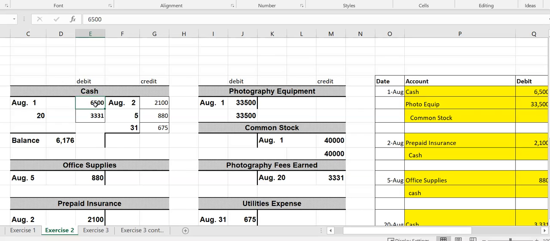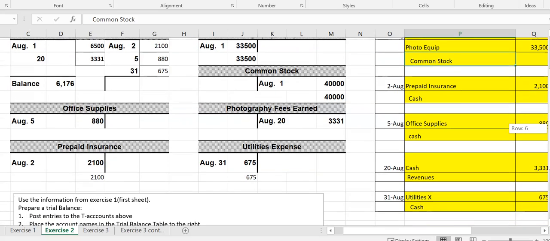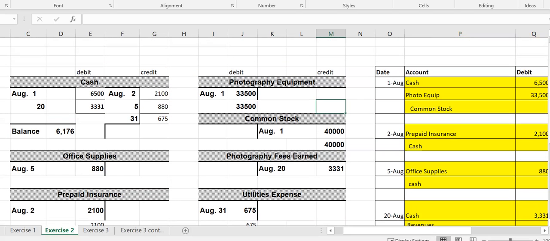So we put that in that column. We received photography equipment for $33,500. Put that in this column. See the debit column? And common stock was credited. So find common stock right here for $40,000. This is the credit side. So that takes care of that entry.